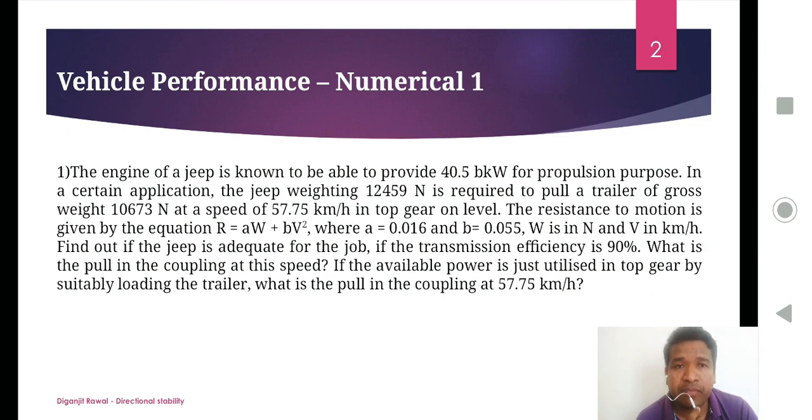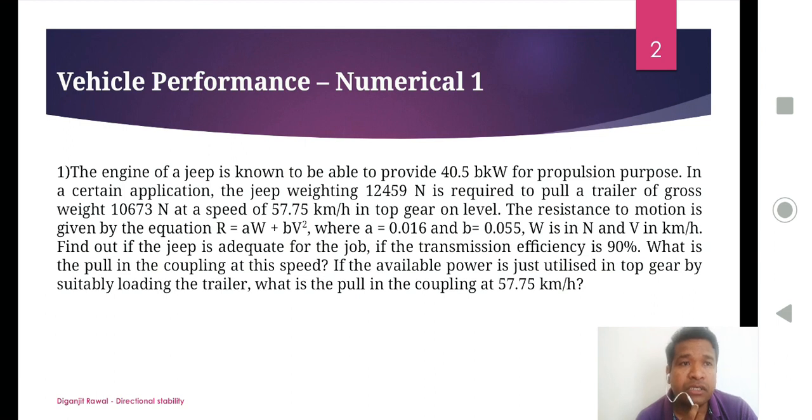In a certain application, the Jeep weighing 12,459 Newton is required to pull a trailer of gross weight 10,673 Newton at a speed of 57.75 km per hour in top gear on level.